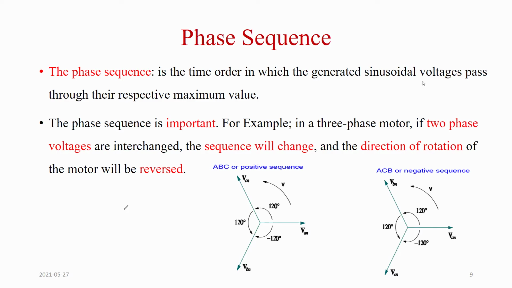So for example, a motor has these three wires. You supply it with A, B, C, and it's going to rotate, let's say, this way. This is where the motor will rotate. Then the same motor has three wires, and you supply it with A here, and you connect C here and B here, for example, it's going to rotate the other way around.